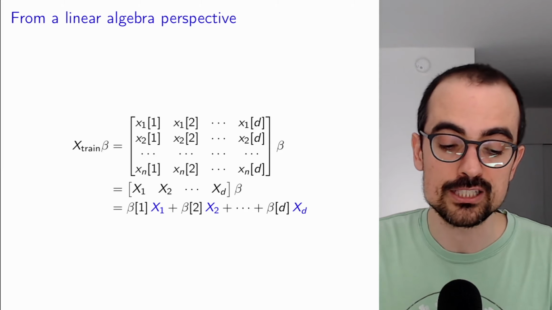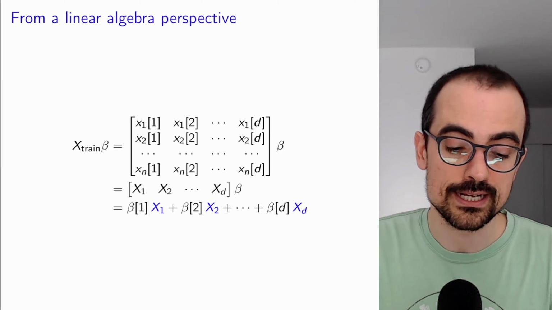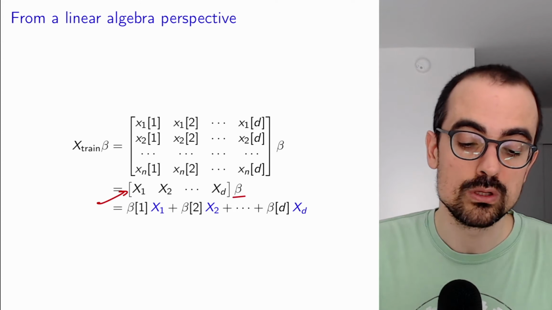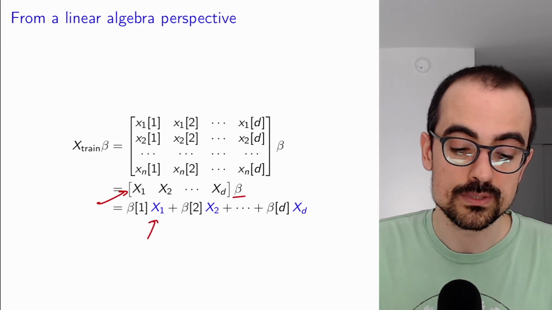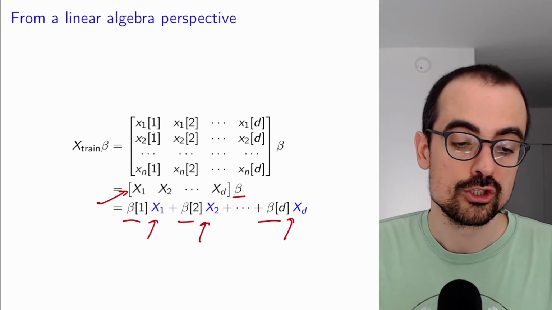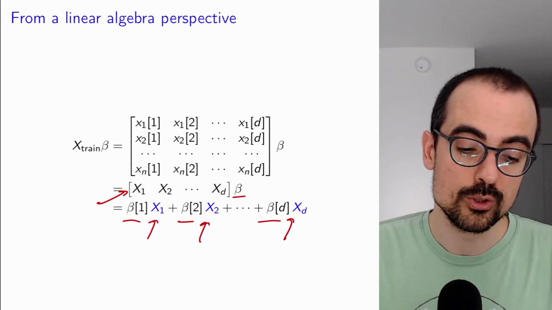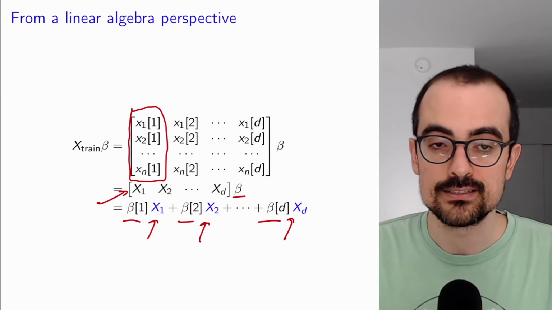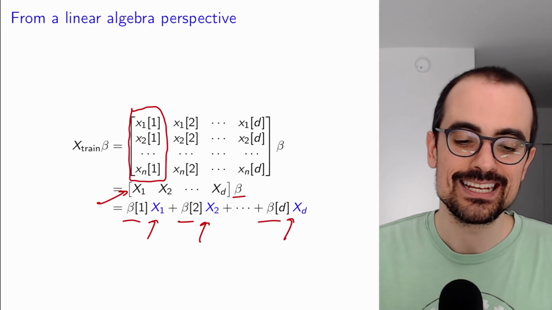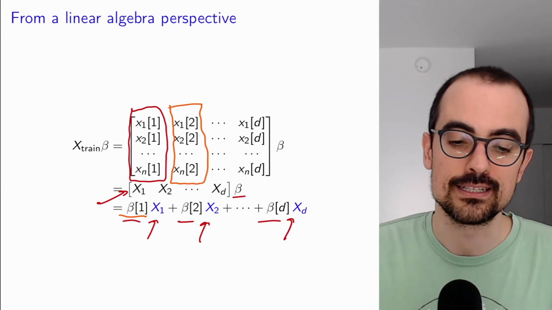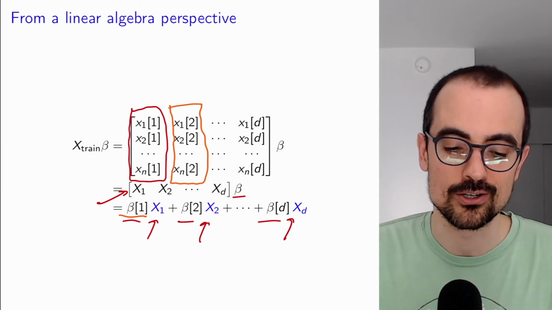If you know your linear algebra, you will know that when a matrix hits a vector, the product between the matrix and the vector is equal to a sum of the columns weighted by the corresponding entry of the vector. So here, we're taking this column, which is an n-dimensional vector, scaling it using this coefficient, then summing it to a scaled version of the second column, and then summing it to scaled versions of the remaining columns.